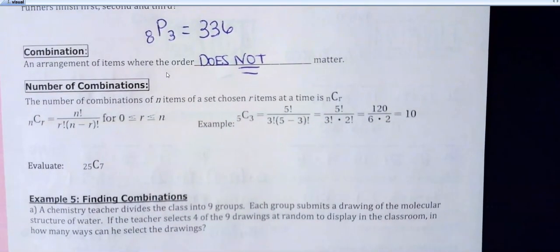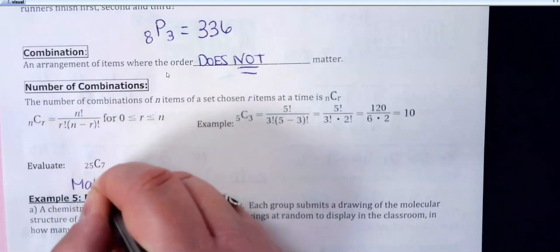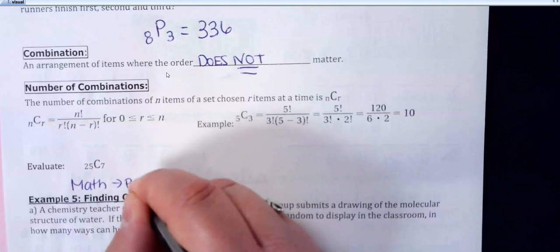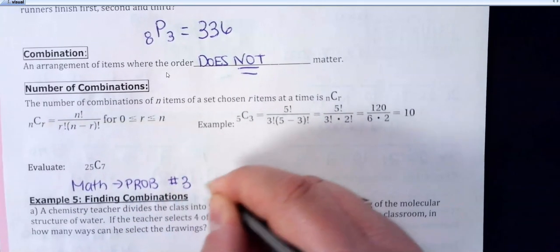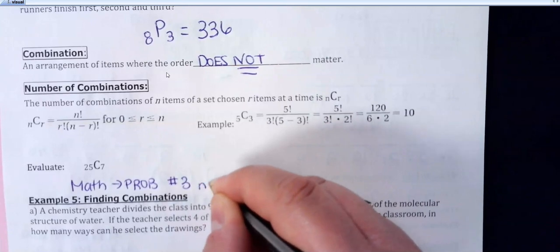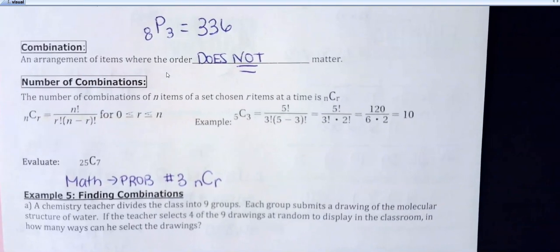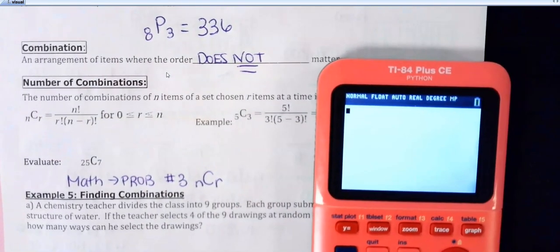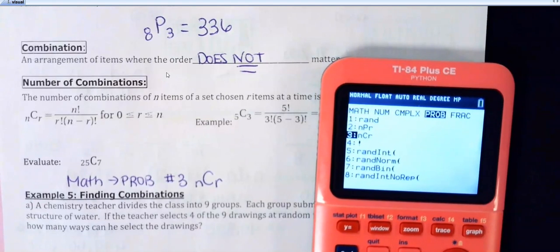So to get to this, it's that same menu. You're just going to hit math and then the probability menu. And then this one will be number 3. And it will be NCR on there. The N is the total number. The C just stands for combination. And then the R stands for how many out of that you want to pick.